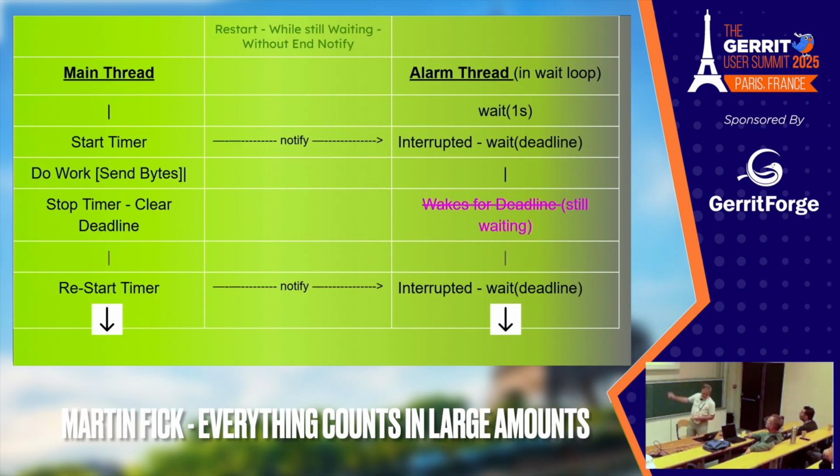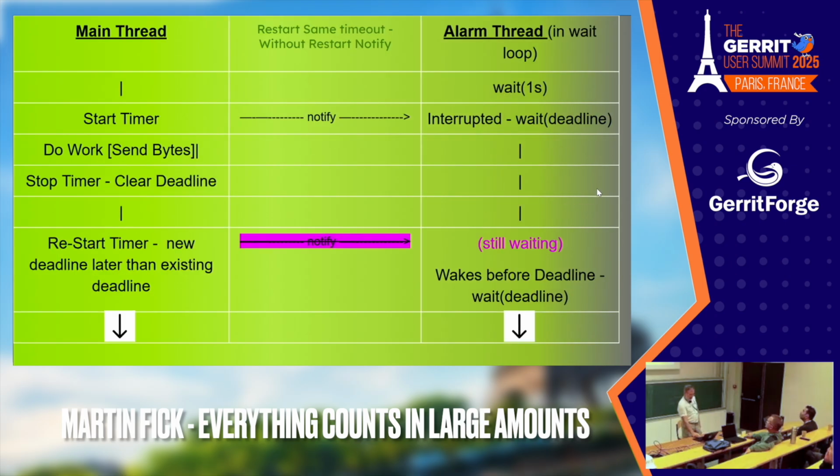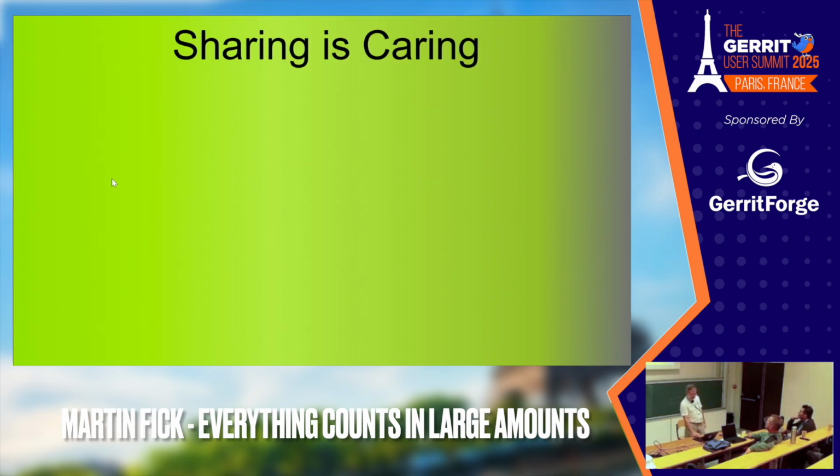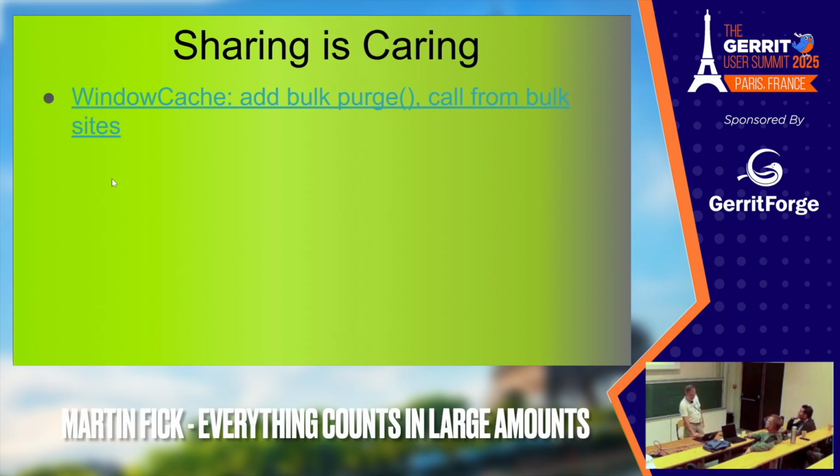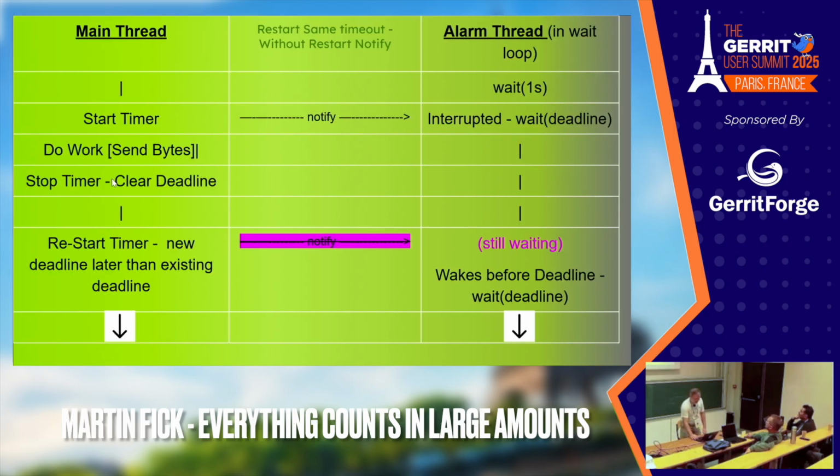It doesn't do that anymore. Maybe I didn't show it well, but it doesn't need to wake it up. So that's what those two changes were. Two little changes to the way that works, and that saved a significant amount of time on ls-remotes.